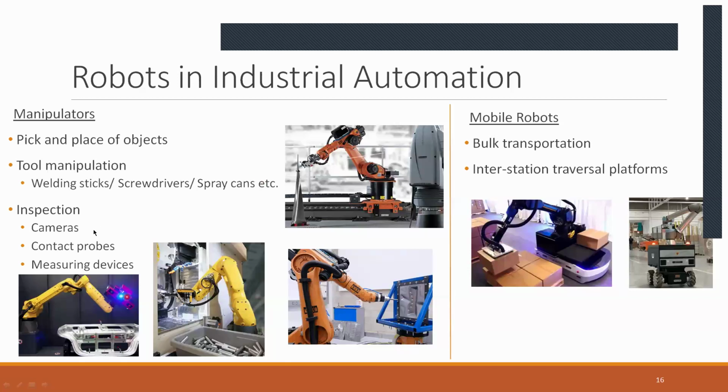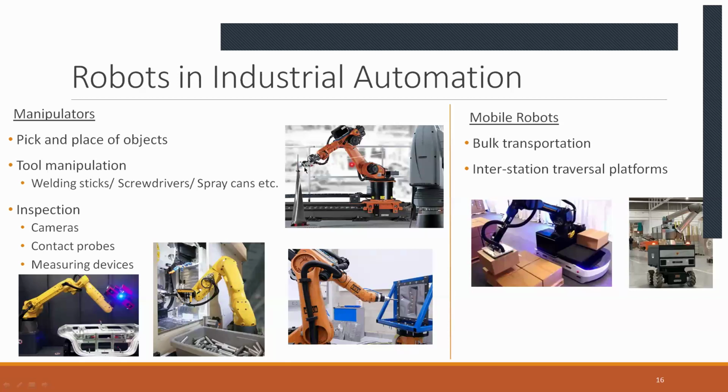It's quite straightforward, but this next one is an example of a combination of contact probes and measuring devices. I hope you can see a laser line between the end of the robot arm and its station over here.